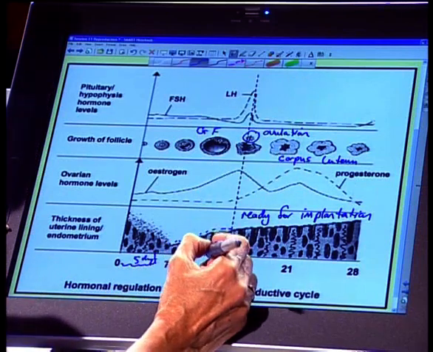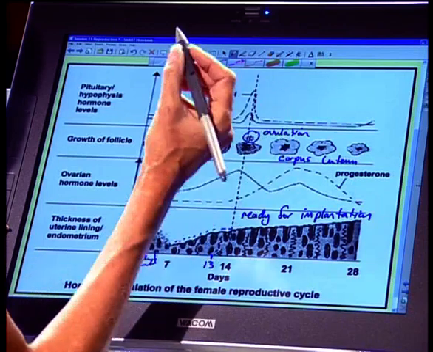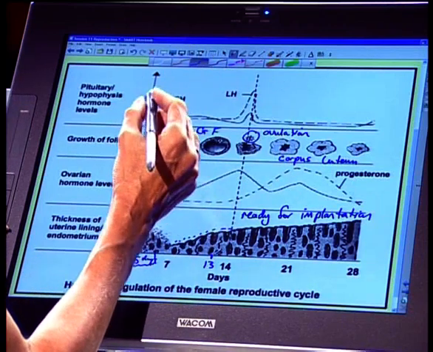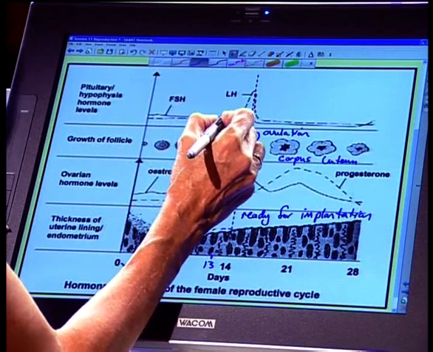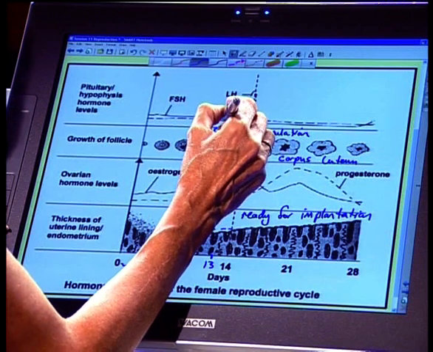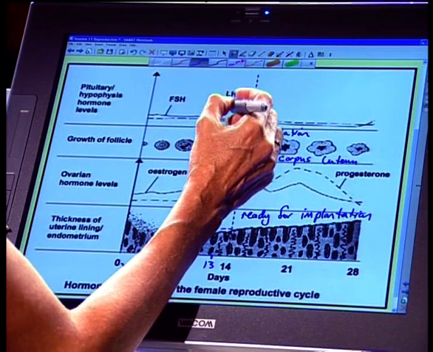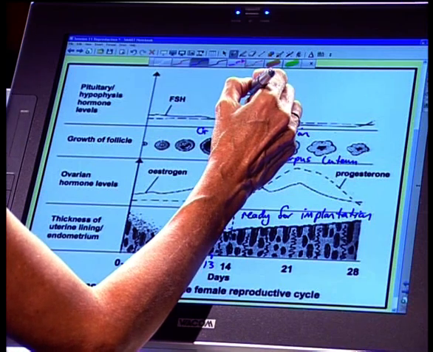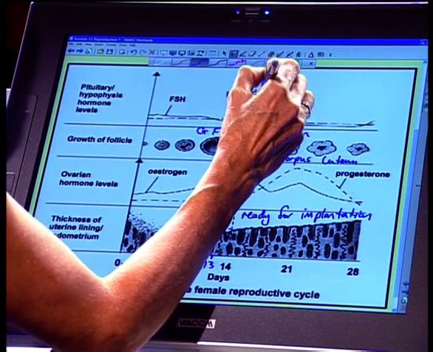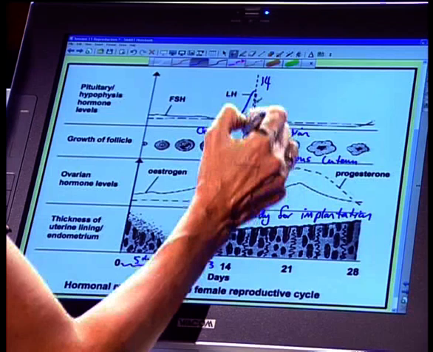Because if we look down here, this will be about day 13. So first of all, the LH level remains low, but consistently low until about day 12, 13. It's about there, all right? And then what happens? It increases. And as it increases sharply on day 14, what does that do? It's going to cause the ovulation.